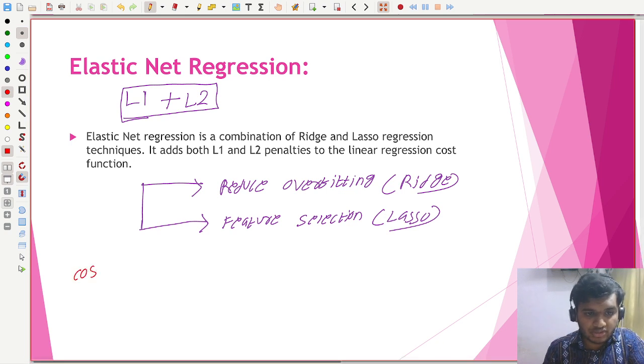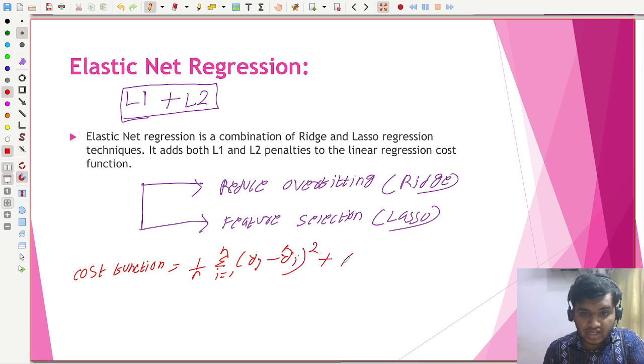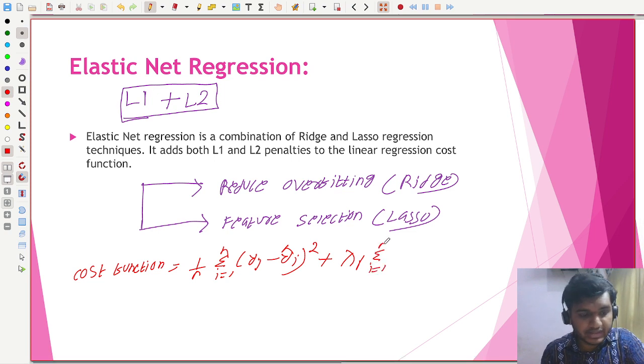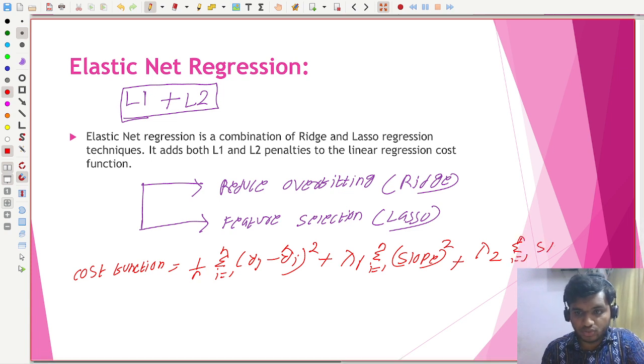So the cost function is that mean square error, that is 1 by n summation i equal to 1 to n actual minus predicted whole square plus lambda 1. Okay, for reducing overfitting, that is ridge, summation i equal to 1 to n slope square plus lambda 2 summation i equal to 1 to n, that is slope.